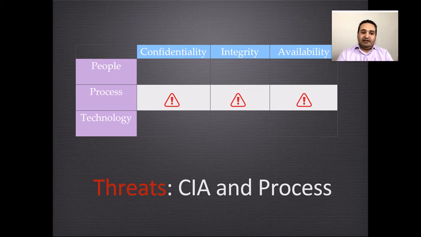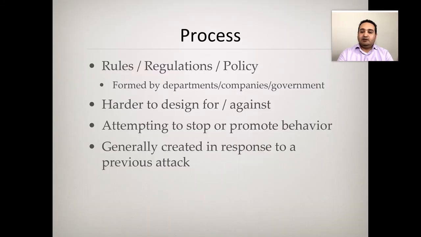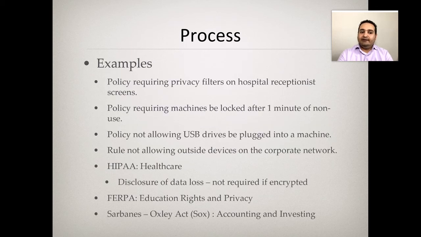So now let's look at the processes, or the threats to processes, to CIA. What we mean by processes refers to guidelines, policies, and business rules that are put into place to protect data. An example of a process or business policy is a policy requiring privacy filters on hospital receptionist screens.